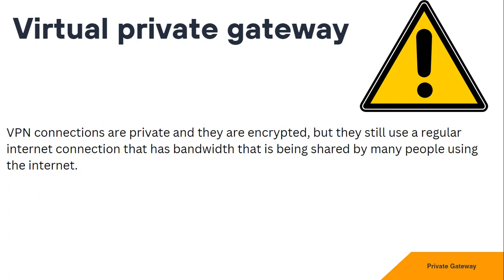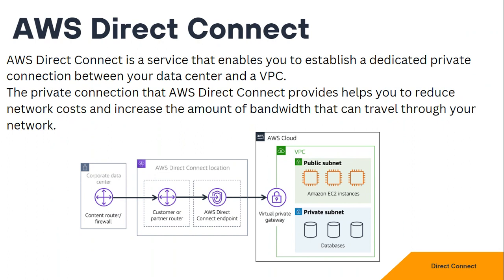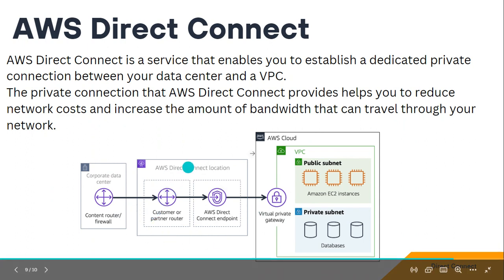If I want to create a dedicated protective path from my data center to my VPC, then I should go with AWS Direct Connect. AWS Direct Connect is a service that enables you to establish a dedicated private connection between your data center and a VPC. Here you can see it is a dedicated path.